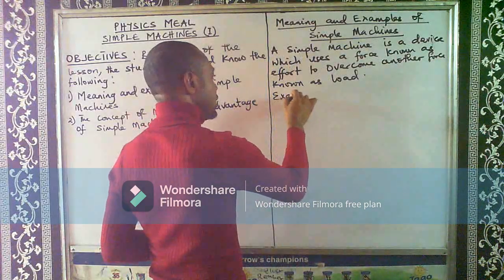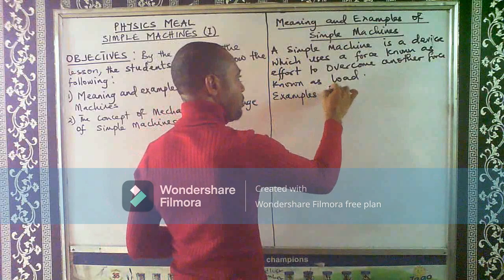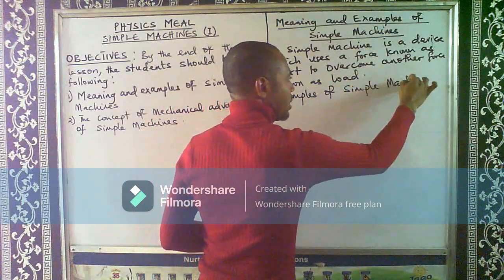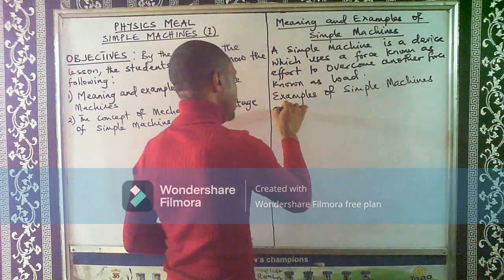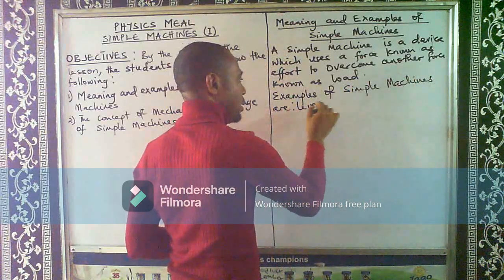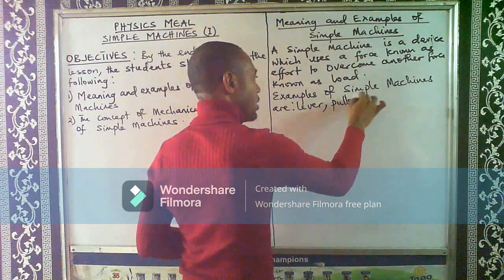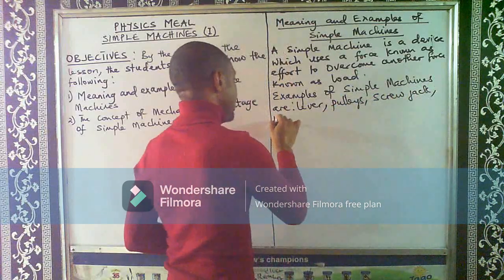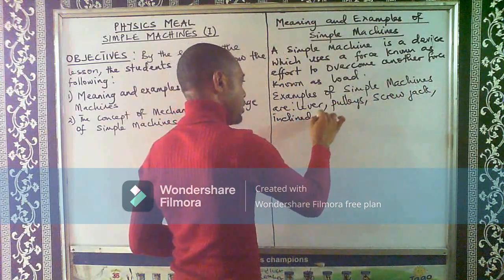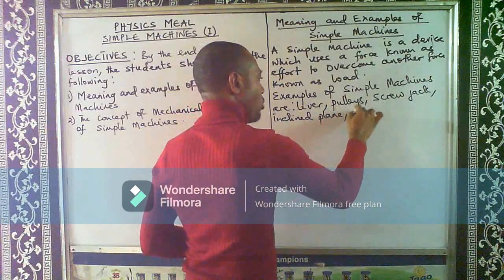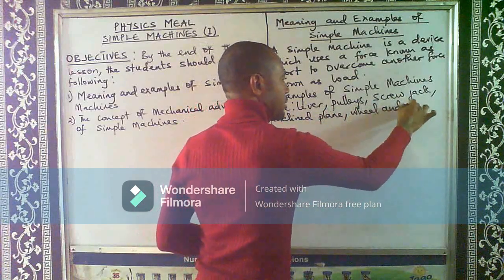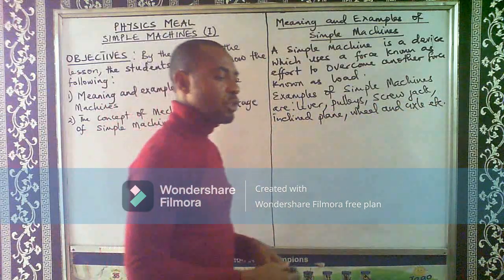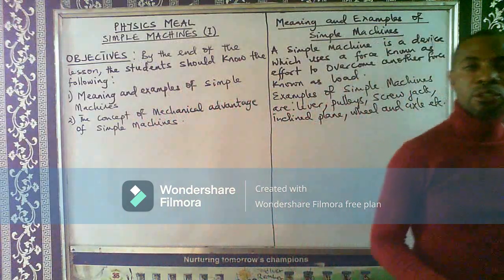Examples of simple machines are lever, pulleys, screw jack, inclined plane, wheel and axle, etc. All these are examples of machines.